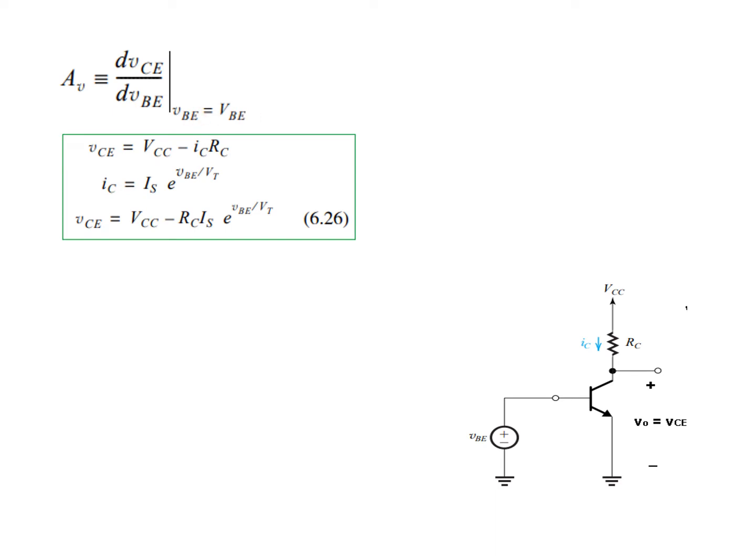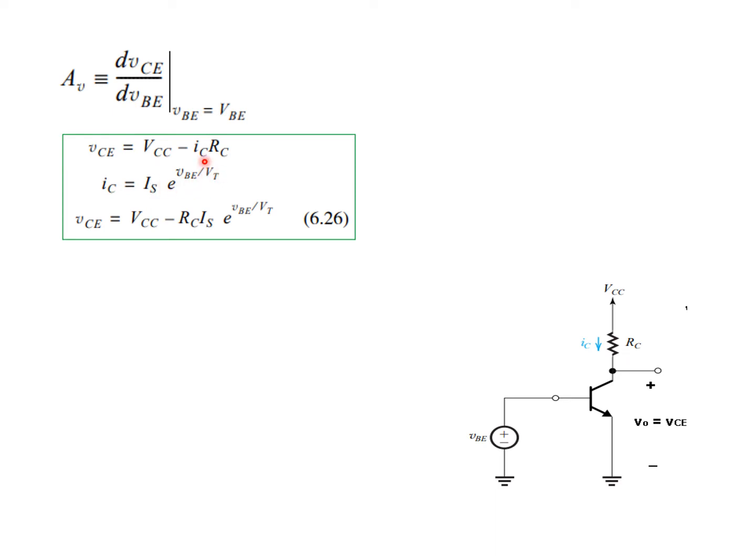Now VCE, from here you can see, can be written as VCC minus ICRC. We have also learned in this chapter that IC is actually IS e raised to the power VBE over VT, where IS is the saturation current.